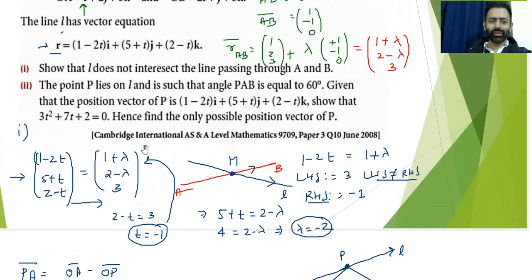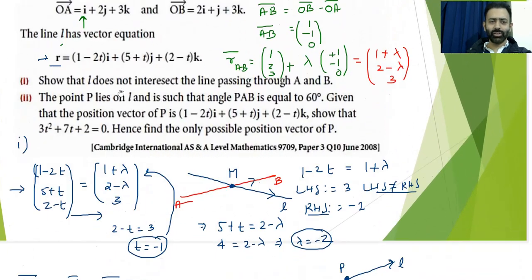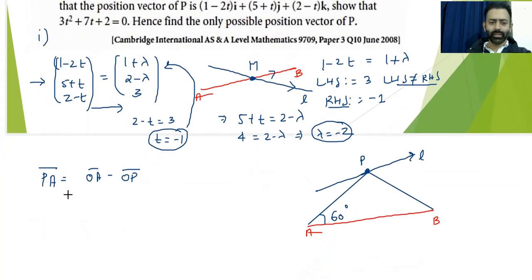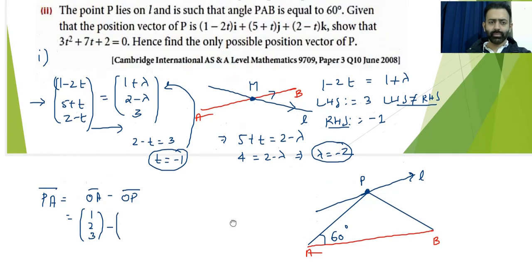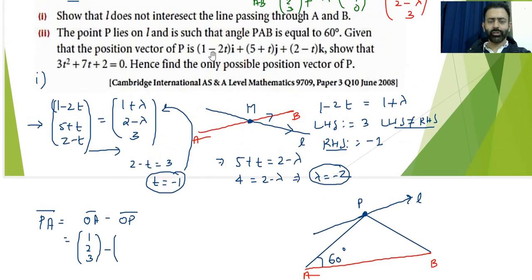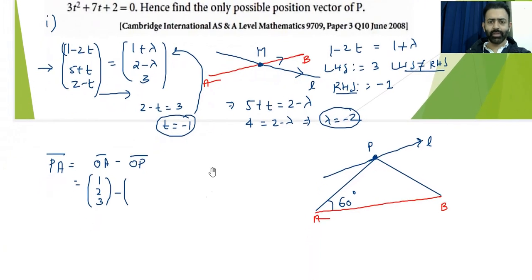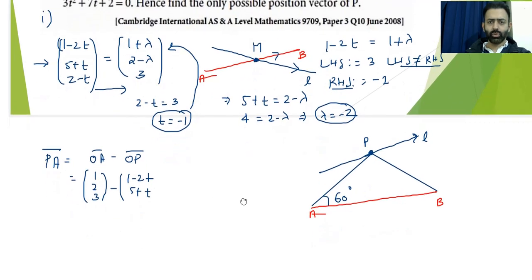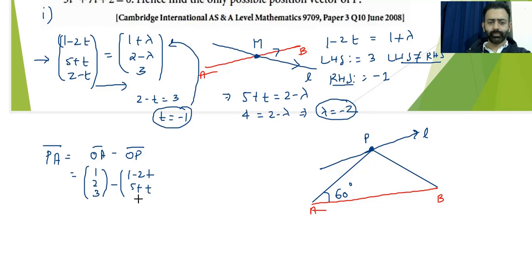We have the OA vector as 1, 2, and 3, and the OP vector is the position vector of P, given as 1 minus 2t, 5 plus t, and 2 minus t. This is the position vector of PA.